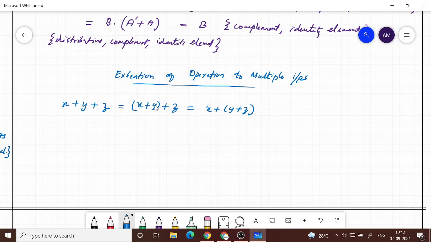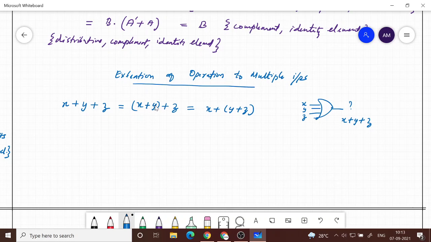So if at all we need an operation which involves an OR gate with 3 inputs, we did that in the earlier class, where we have x, y and z, if it is a valid expression, that is x plus y plus z, then it has to satisfy this associative property.